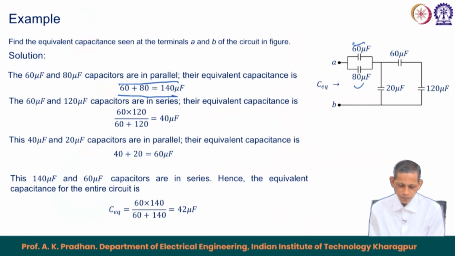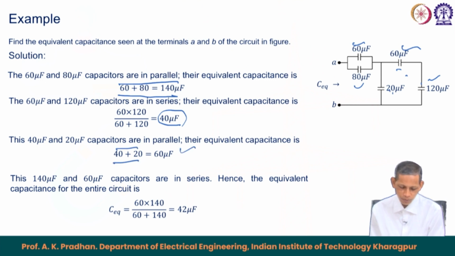Then 60 and 120 are in series, so that gives us 40 microfarad. This combination of 40 and 20 are in parallel, therefore 40 and 20 means 60 microfarad.